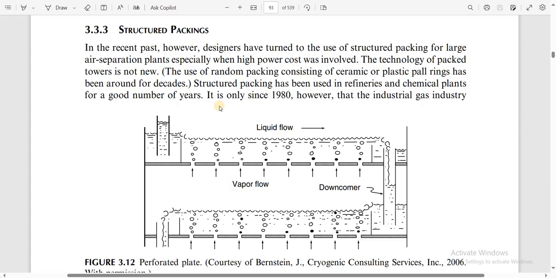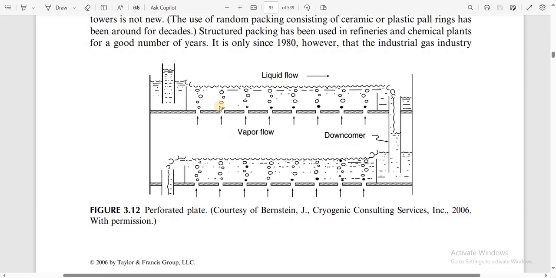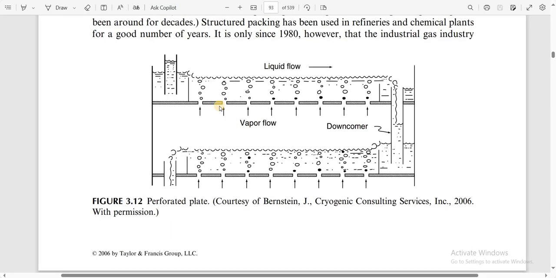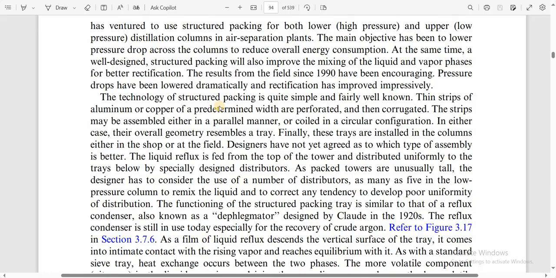Structured packing has been used in refineries and chemical plants for a good number of years. It is only since 1980, however, that the industrial gas industry has ventured to use structured packing for both the lower high pressure and upper lower pressure distillation columns in air separation plants.